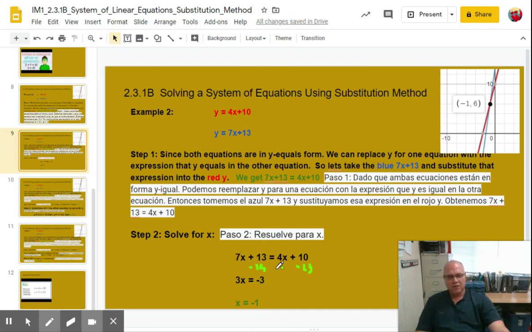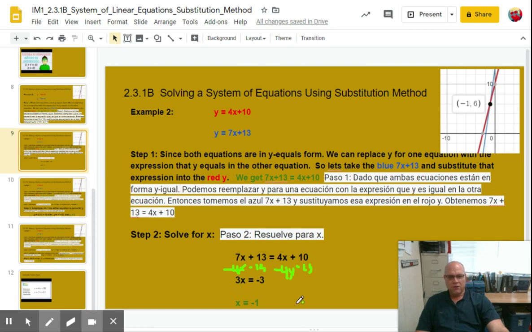I'll move it to the left, so I'm going to say minus 4x, minus 4x. So 7x plus -4x, I get 3x. 13 plus -13 is nothing. So it's just 3x on the left side, equal sign. And then 4x plus -4x is no x. And then 10 plus -13 is how I got the -3.